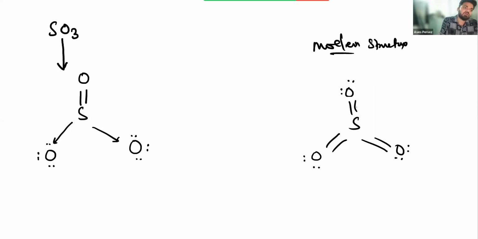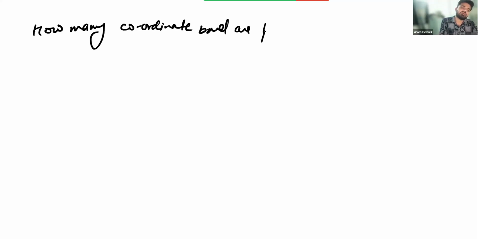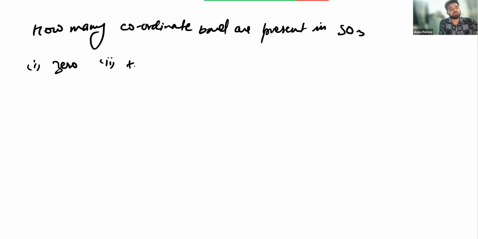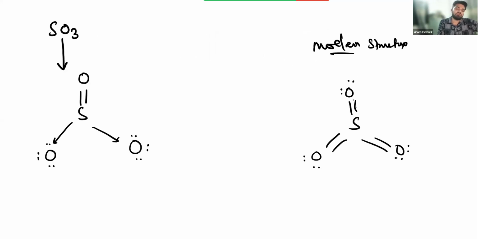Okay, now if the question comes: how many coordinate bonds are present in SO3? The options are 0, 2, 3, and 1. Since in the modern technique we have 0, there is no coordinate bond.